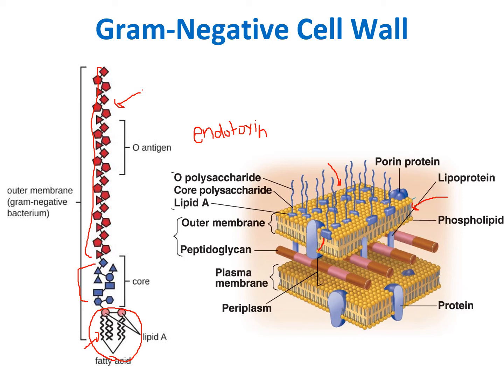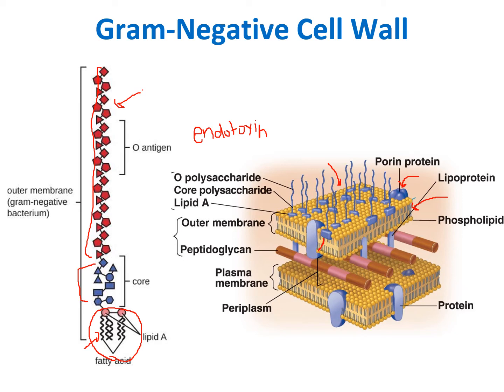Okay, remember that? You probably talked about it with respect to ions crossing the cell membrane. Similar thing happens with bacteria. Instead of having channel proteins, your outer membrane has what are called porin proteins.